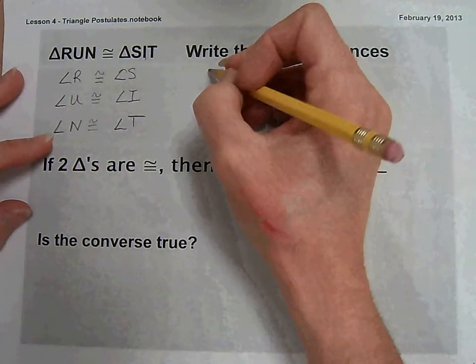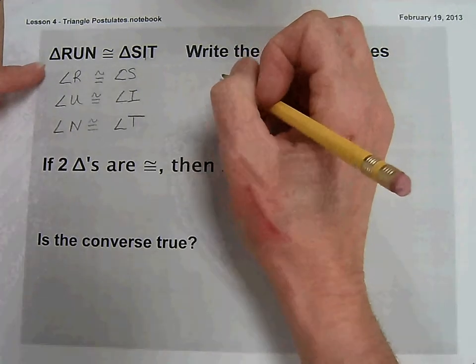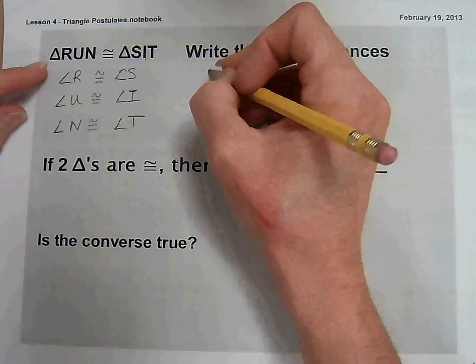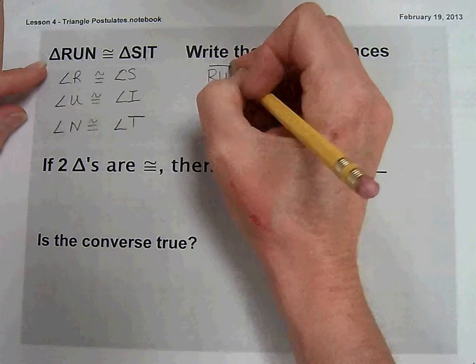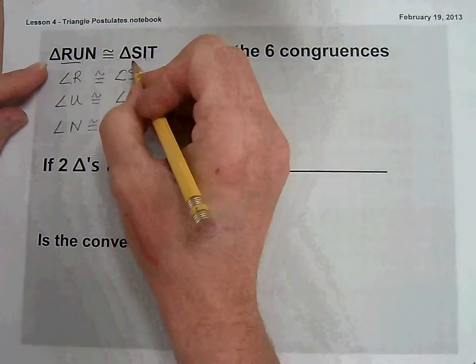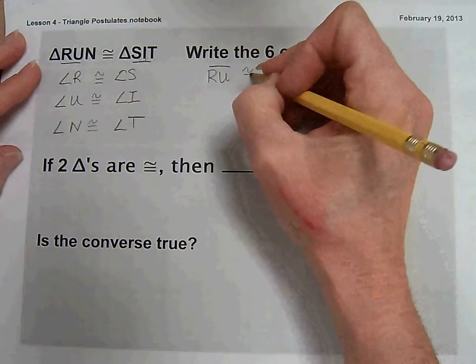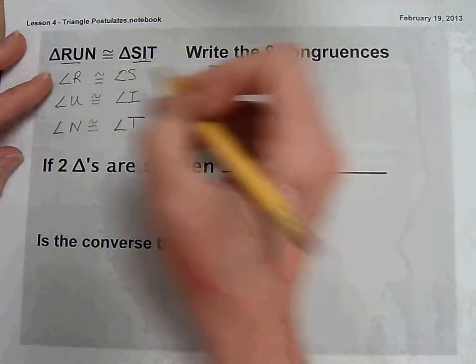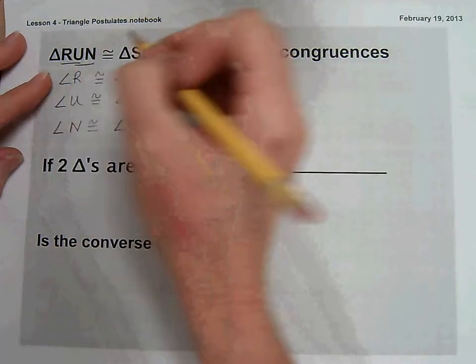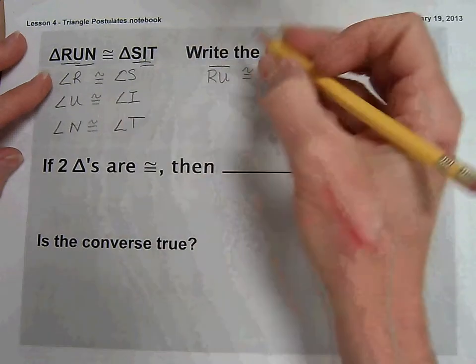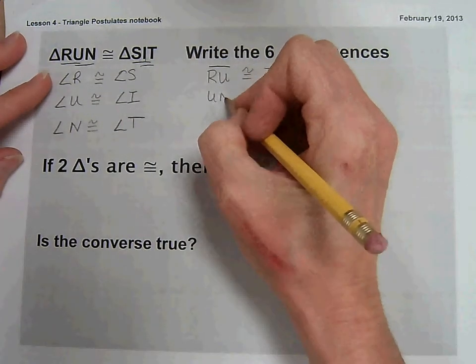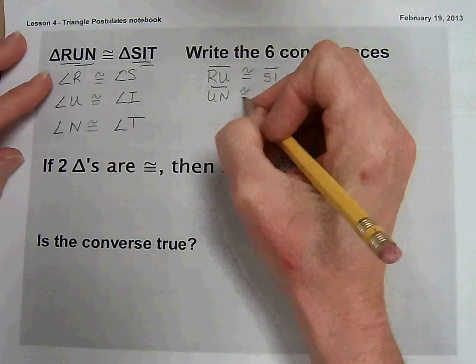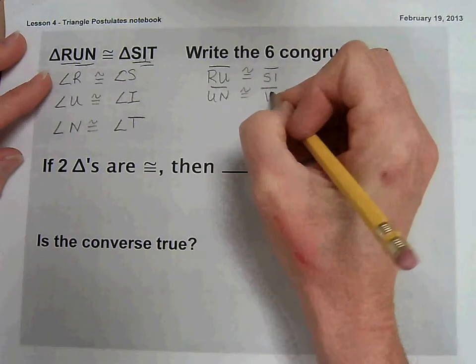Now let's write our line segment congruence. We have segment RU congruent to SI, the first 2 letters of our congruence statement. Then we've got UN congruent to segment IT.